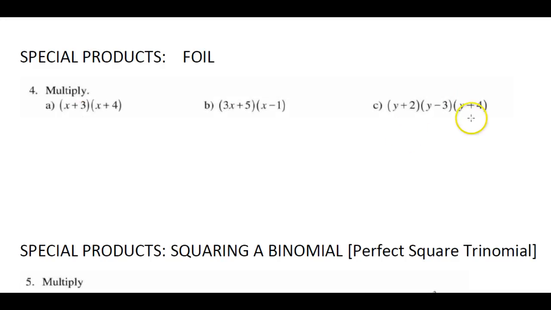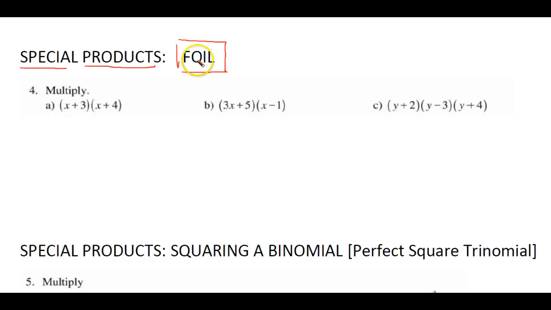Now we're going into a topic that I describe and often is described as special products. That is sort of a special way of doing things. And the first one we're going to look at is what is often referred to as the FOIL.